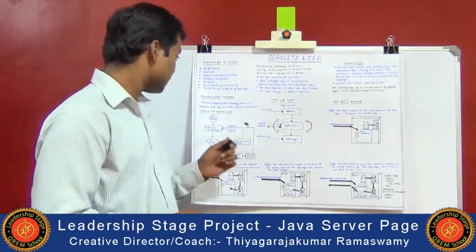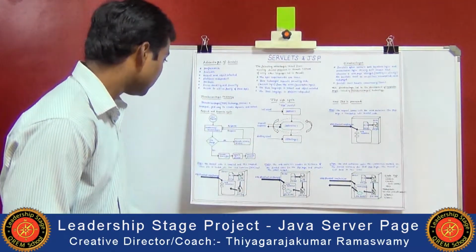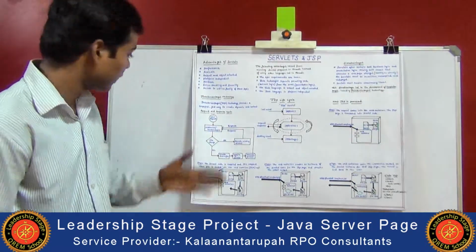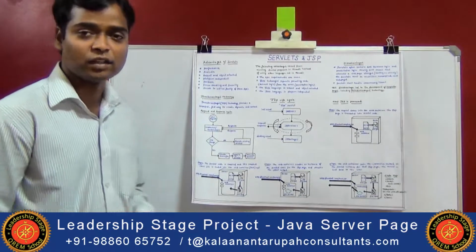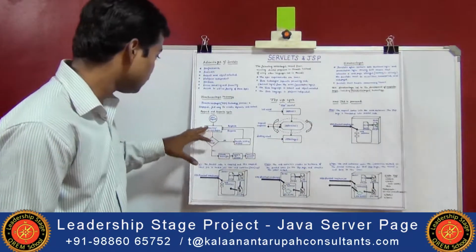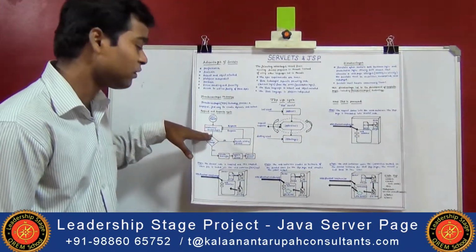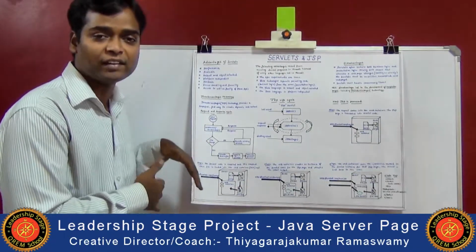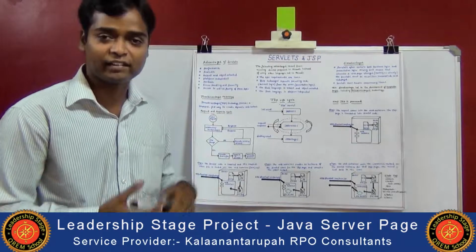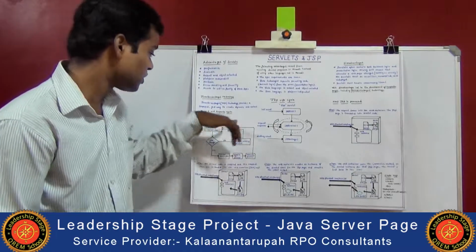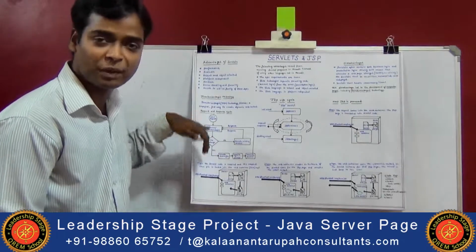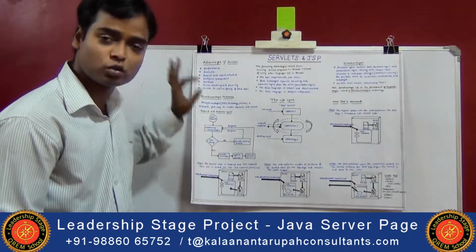Now we'll start discussing Java server technology, and how the request and response cycle communicates between the user request and the server. First, the user request comes to the web server, that is the servlet engine. If the file already exists as a servlet, it will use it, send the response back to the web server and dispatch the response to the user request.